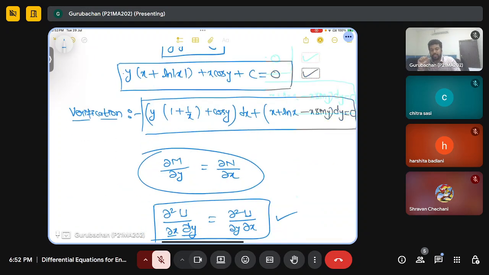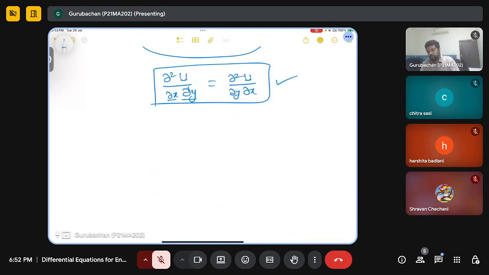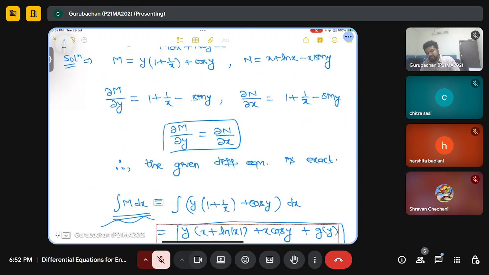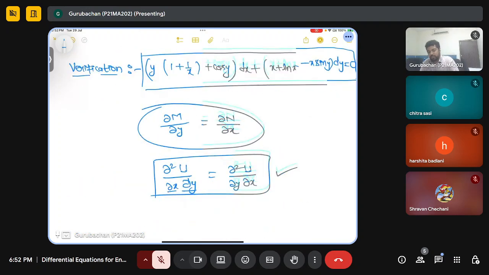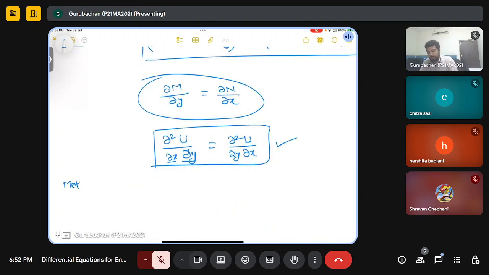And the other approach is the one you have learned in the class. So let me mention here. From here, it is method 1. Now directly from the formula, or you can say method 2.